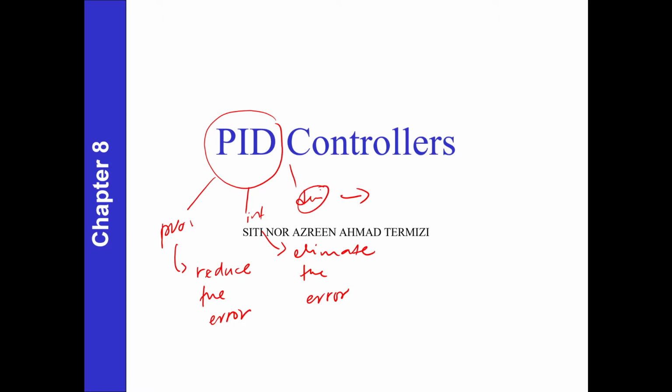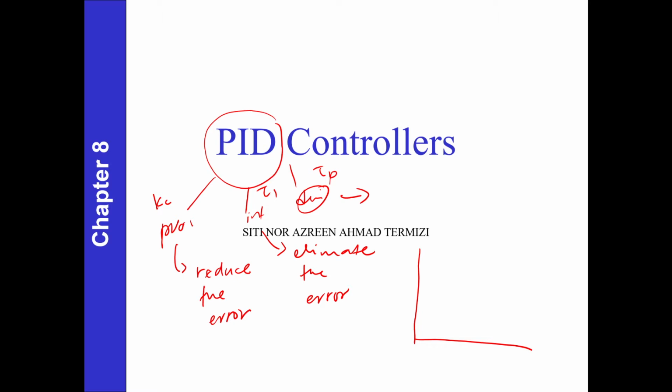Okay, because these three modes each have their own effect on the response, the value of Kc that represents proportional, the value of tau I that represents integral, and the value of tau d that represents derivative are really important.